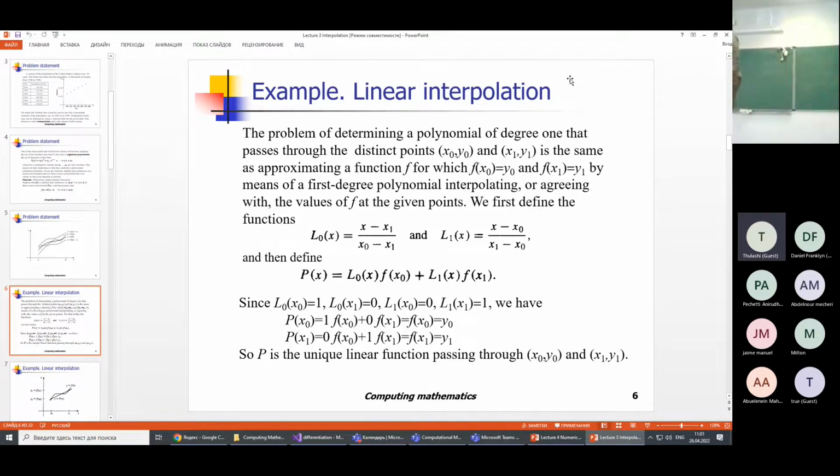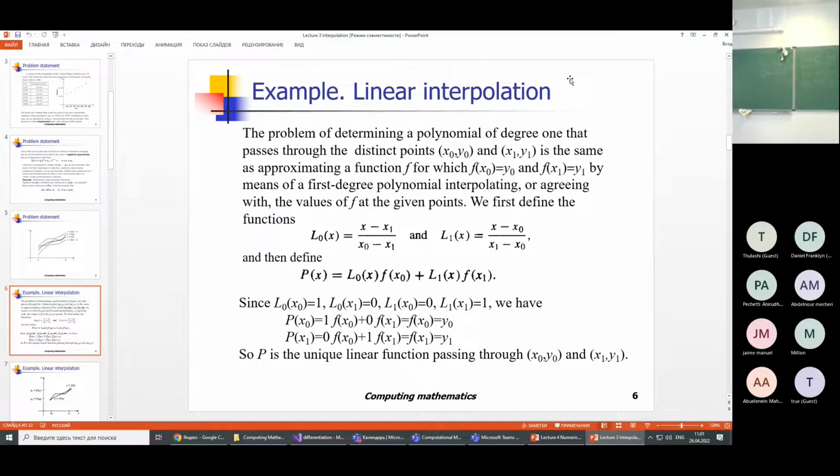Let's review the topic that we considered in the previous lesson, Lagrange interpolating polynomial, linear interpolation. Note that we have just 2 points, x0 and x1. If we know 2 points, we can find a polynomial of degree 1.